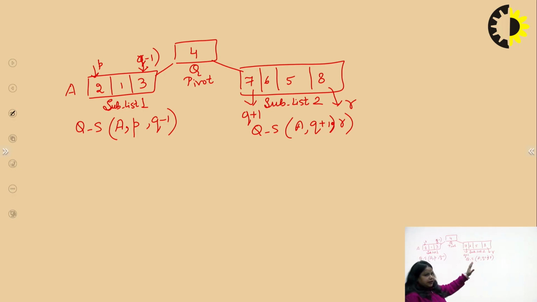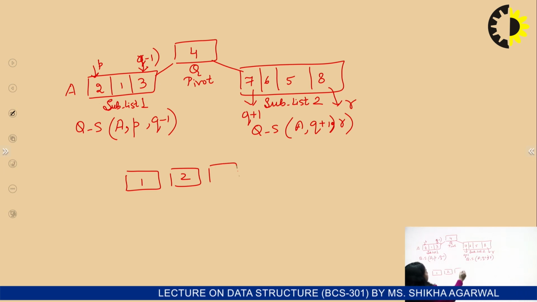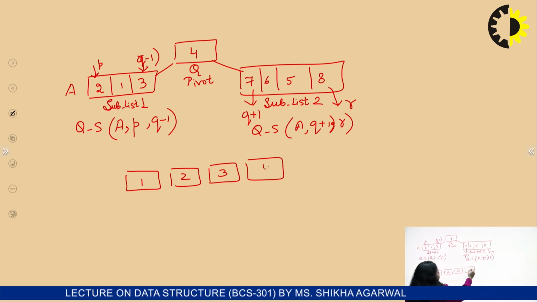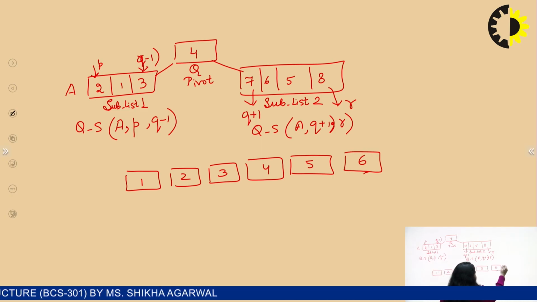On the basis of that, again we have to apply quicksort onto this. The same process will follow: we consider the last element as the pivot element, then we apply the partition, and after applying the partition we will get a sorted list. So again this list is divided, and finally we get the data as 1, 2, 3, 4, 5, 6, 7 and 8.